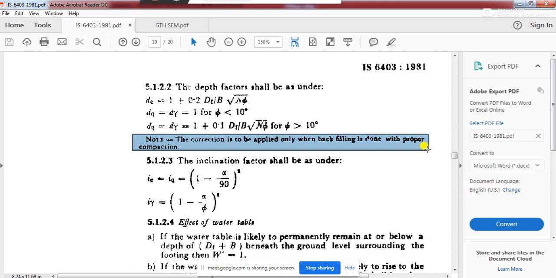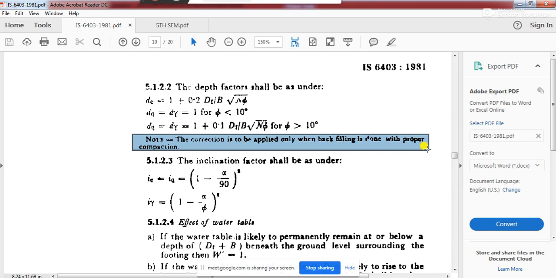So once you excavate, after construction of the foundation you will have to fill up the soil again inside the trench. When you fill up the soil, if you have done proper compaction, that means you compact the soil well by the side of that foundation by filling some material or soil, then only you apply the depth correction factor.